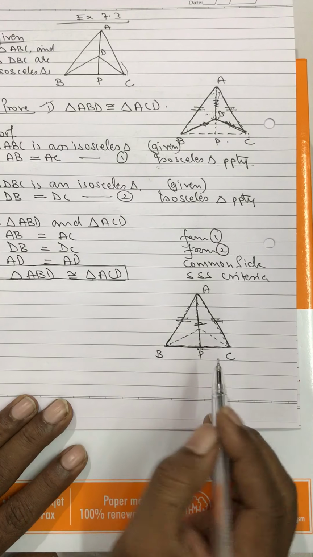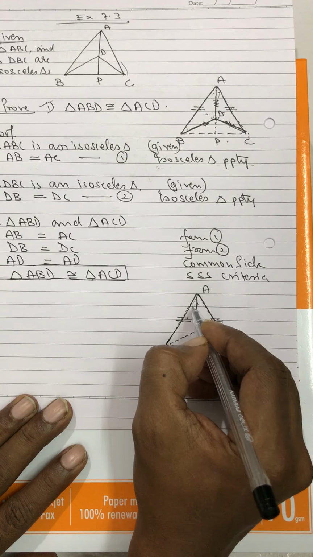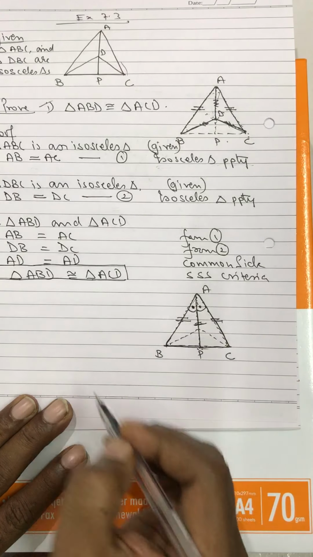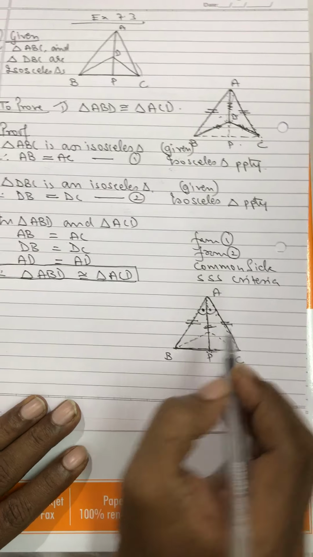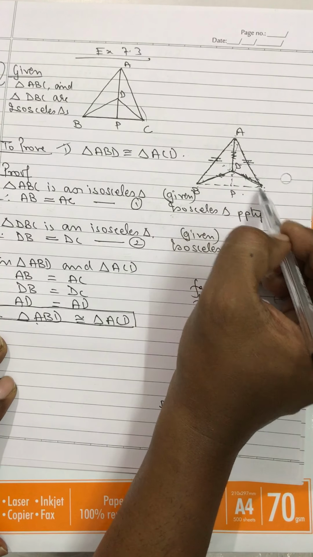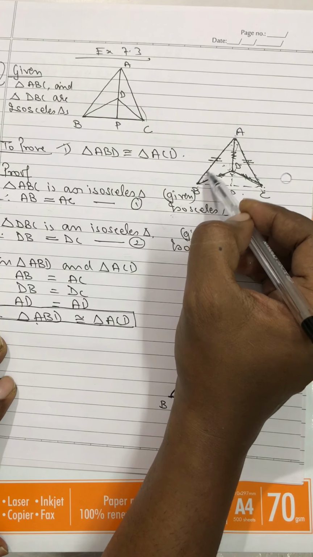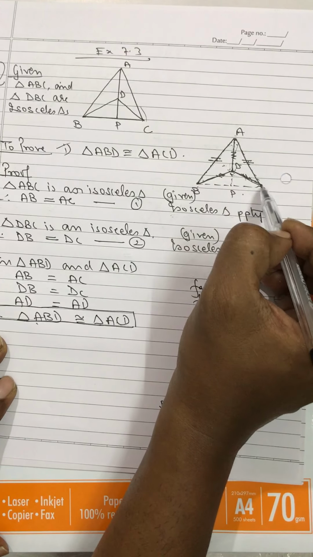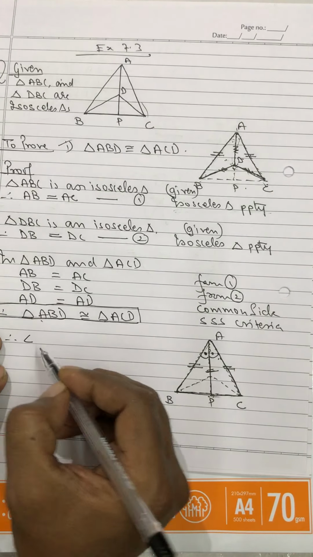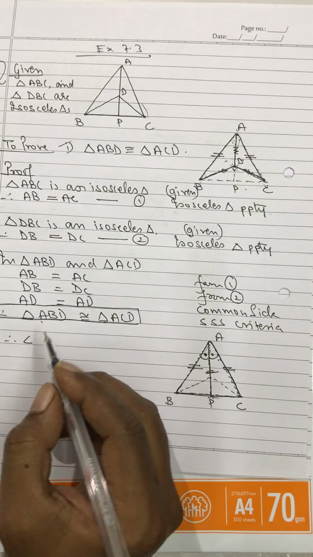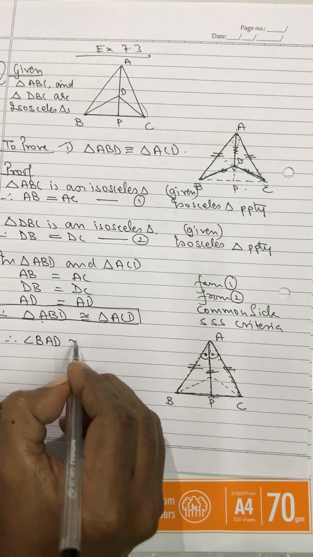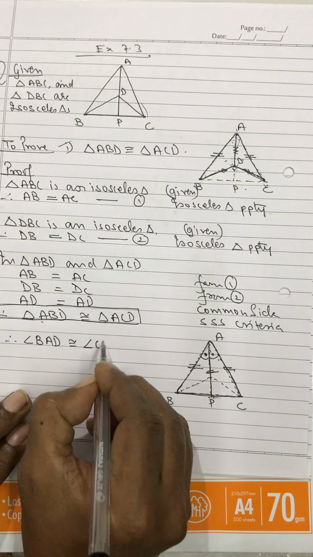So what happens is that I can now keep this is congruent to this. I can prove it here, because see here, when I have proved this triangle ABD is congruent to triangle ACD, I can say angle BAD is congruent to angle CAD. Therefore, sorry, angle BAD is congruent to angle CAD.